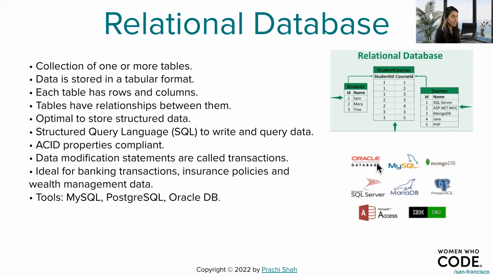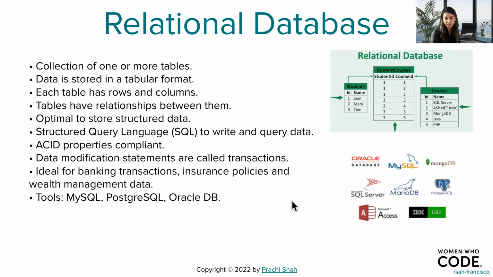Relational databases are ideal for banking transactions, insurance data, wealth management data. Primarily, all of fintech or insurtech, or insurance technology, is primarily relational data, because there's a lot of data that is captured, and this kind of data has some meaning, right? So I can give an example.